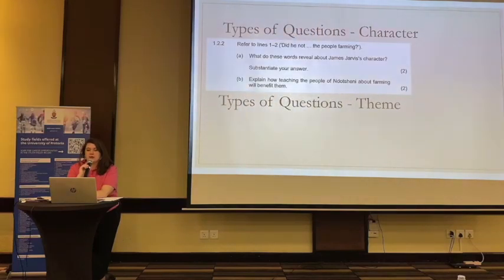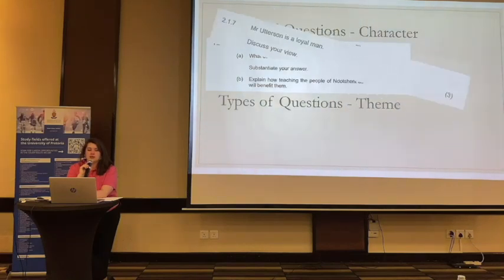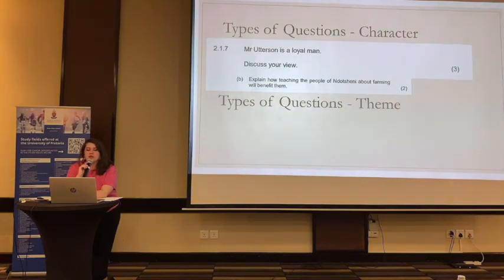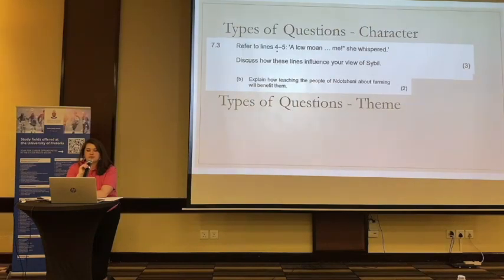What does this reveal about so-and-so's character? I think I've only taken 2. He's a loyal man. Discuss your view. How does this influence your view of Sybil? So 3 questions on character. He has some questions on theme. A victim of his own ambition.